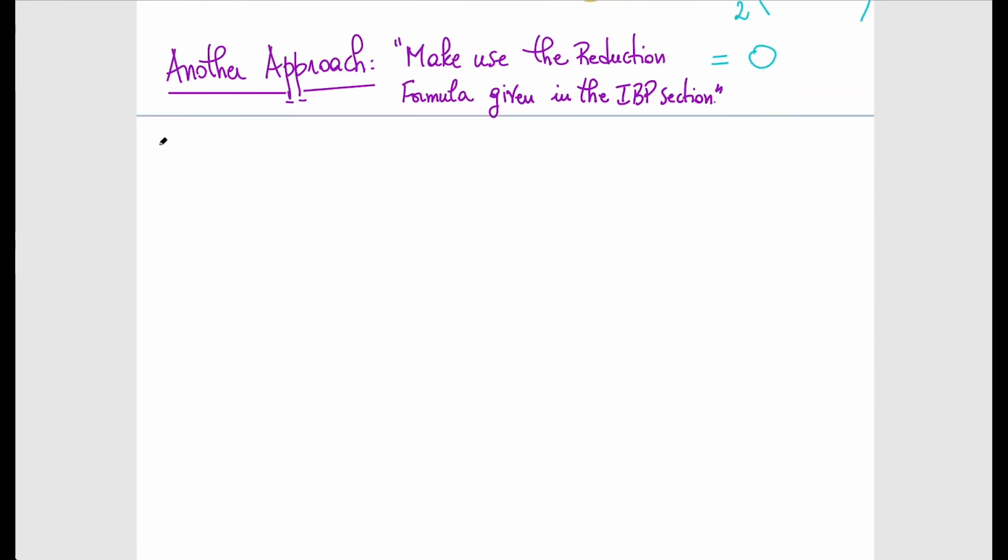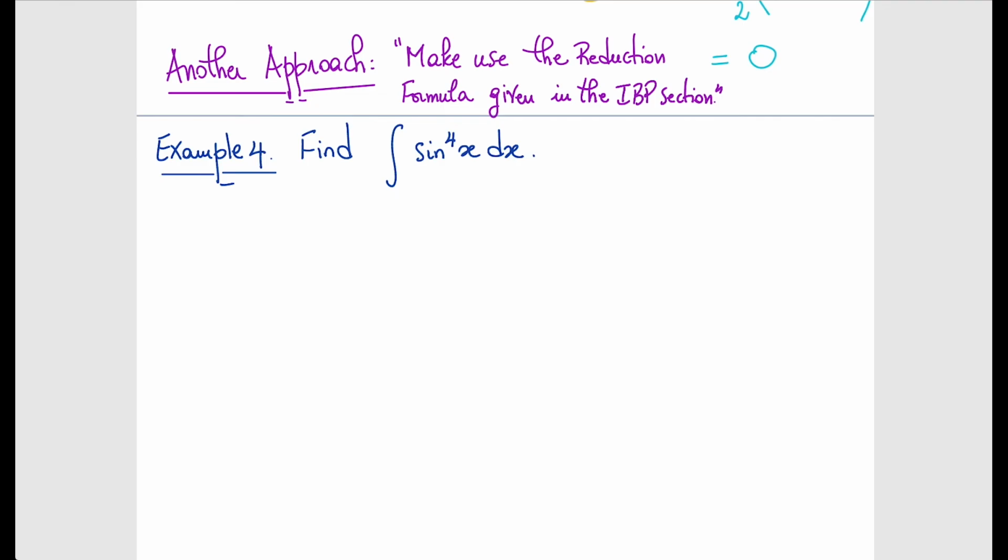All right. So let's move on to another one. Let's call it example 4. And let's take the following integral. So let's find the indefinite integral of sine to the power 4 of x dx. Okay.